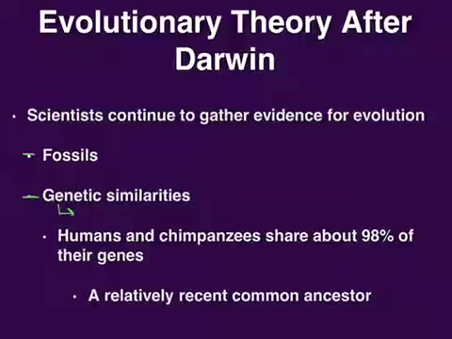And so this has come about with modern advances in science and ways to look at molecular items and DNA. So because of this genetic testing, humans and chimpanzees share about 98% of their genes in common. And so that indicates we had a relatively recent common ancestor. A way to think about a common ancestor is that somewhere along this chain of life, we had an ancestor.